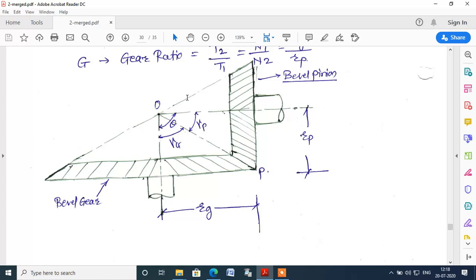Now if you see the figure carefully, let us consider triangle OP with any point X or Y. If you consider this right angle triangle and take the sine of angle gamma P, sin gamma P is nothing but RP upon OP. Here also, if you consider this triangle and take the sine of gamma G, it is nothing but RG upon OP.